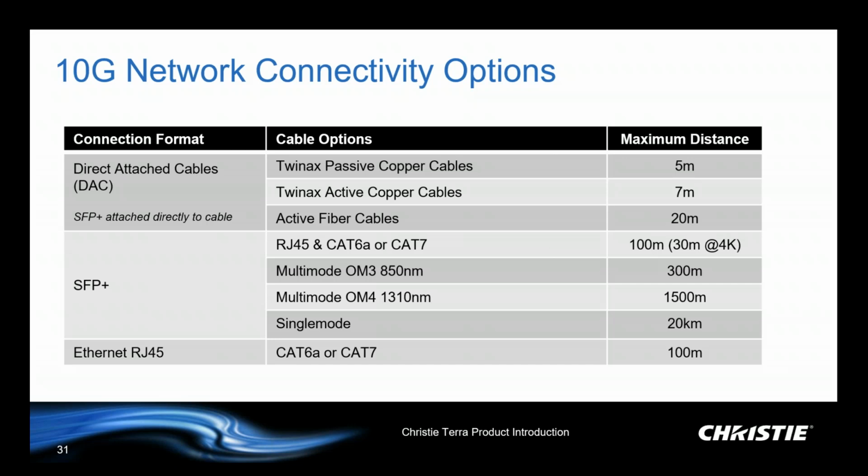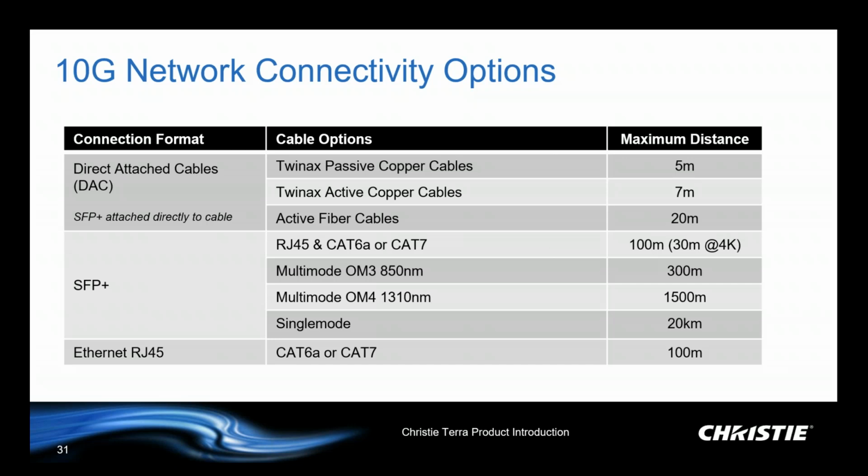SFP plus modules come in different types, with RJ45 connector, multimode OM3 or multimode OM4, or single mode. Depending on what you want to do, you can have more or less distance. So SFP plus on RJ45, you can get up to 100 meters in theory, but if you're actually running 4K 60, you're probably limited to about 30 meters of Cat 6 or better.